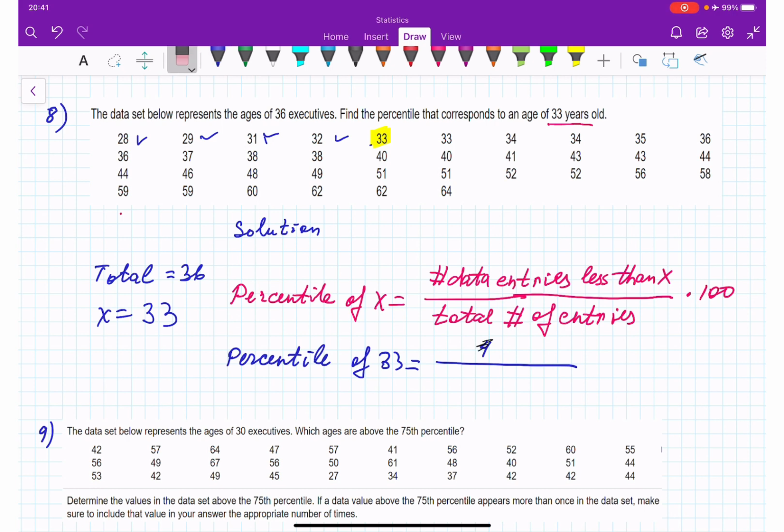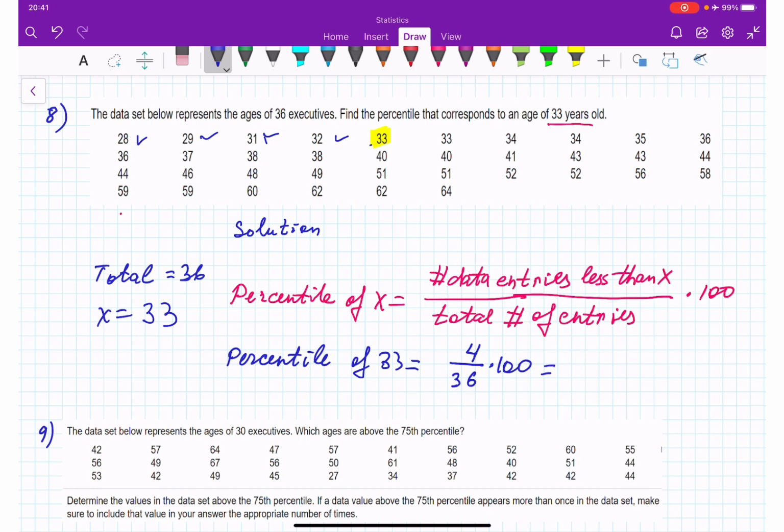Let me write this nicely: 4 divided by 36. Okay. And multiply by 100.